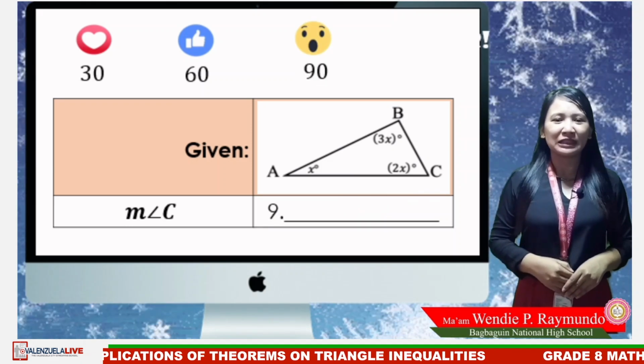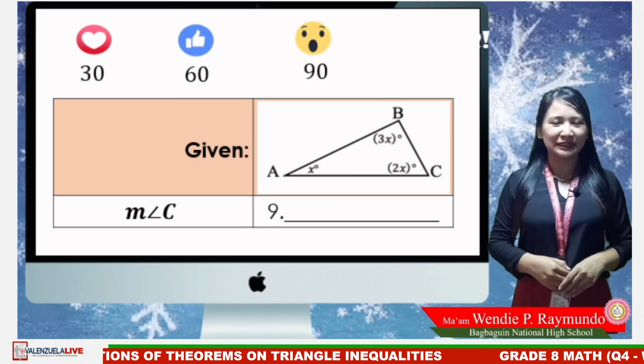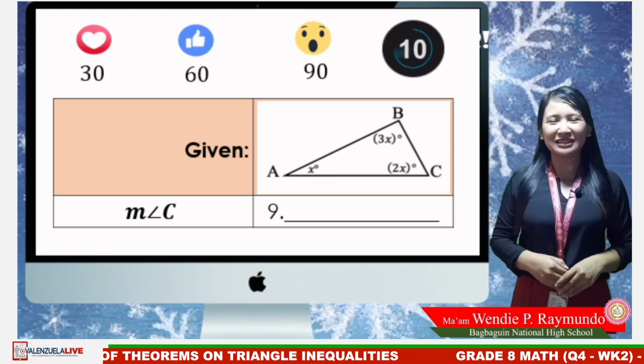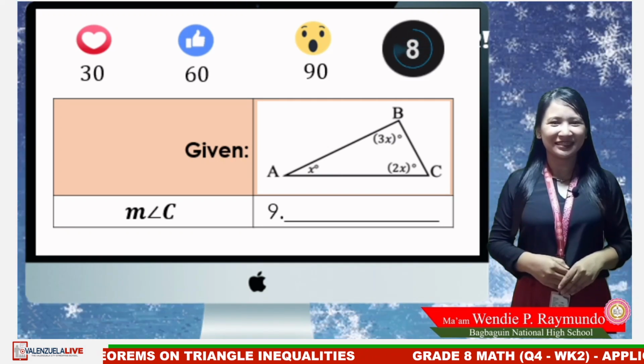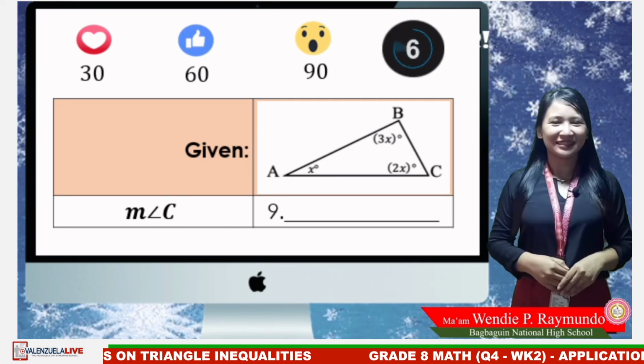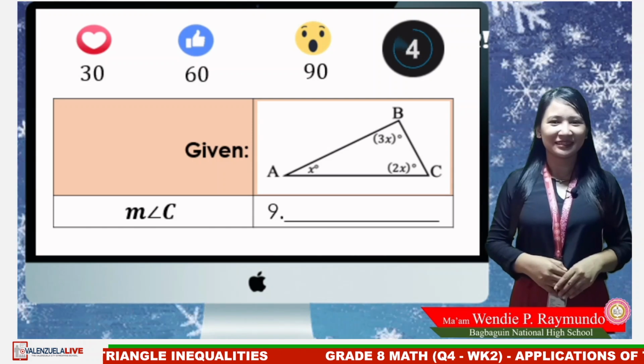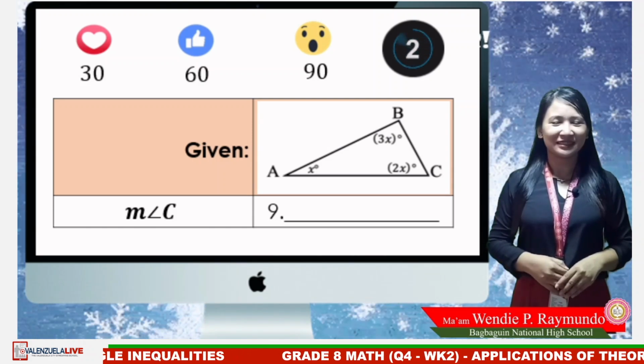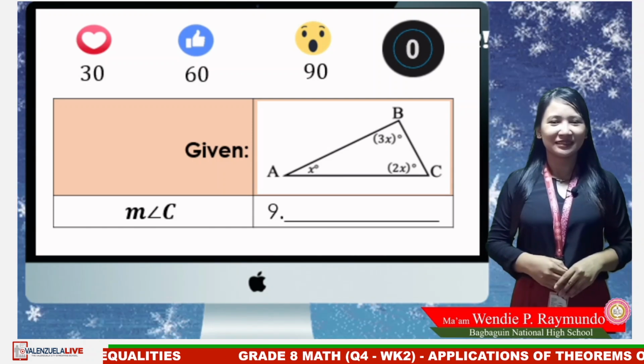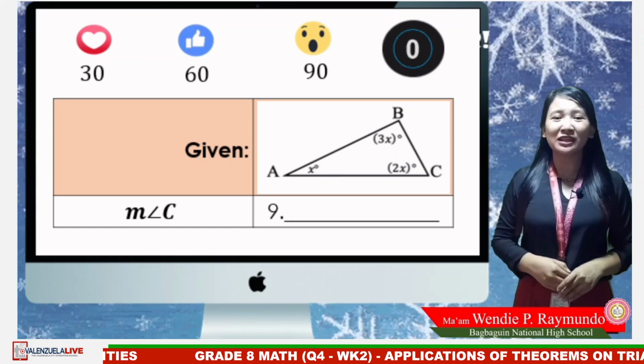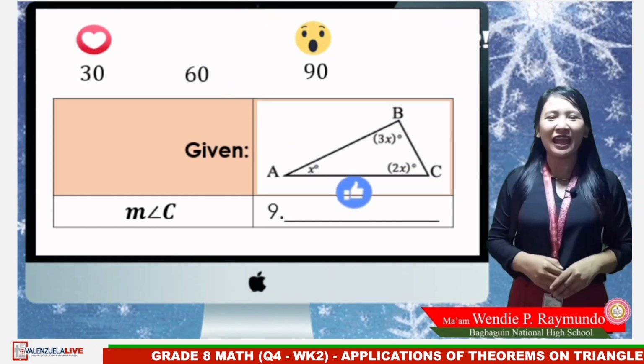Number 9. Measure of angle C. Comment your answer. The measure of angle C is like, 60.